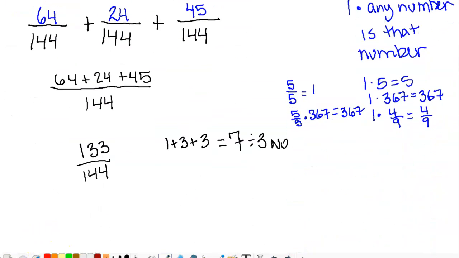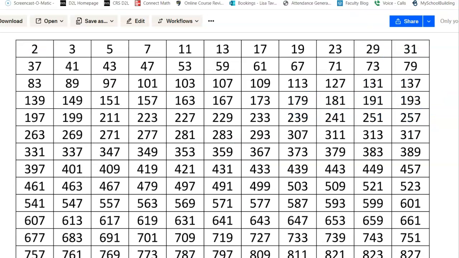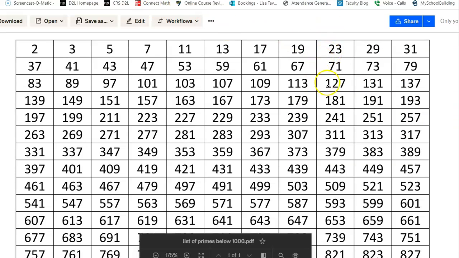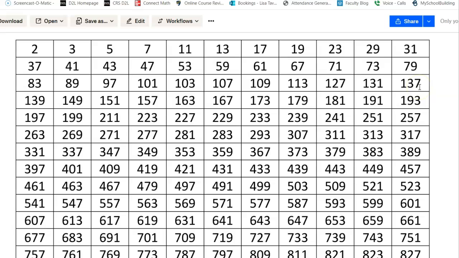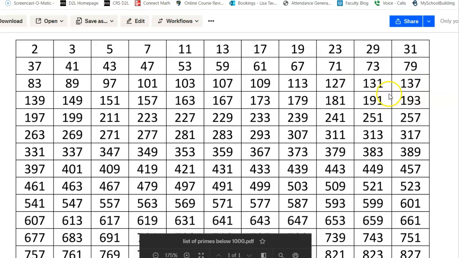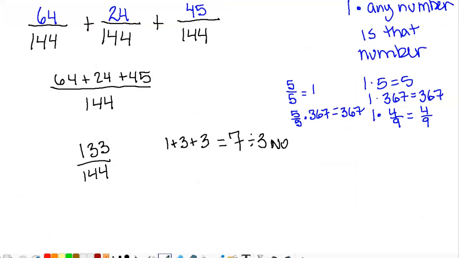So that's what I'm focusing on. And again, I'm going to check my prime number sheet and see what it says. Here is our larger prime number sheet. And if I look, it goes from 127, 131 to 137. So 133 can be broken down. It's not on this chart that tells me which numbers don't break down. So I do need to do some work here.